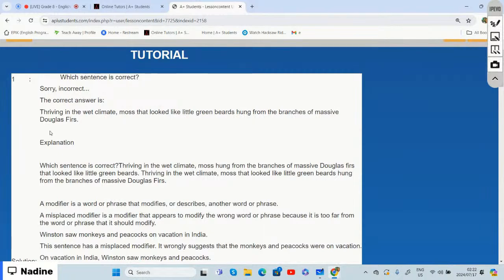Before we go into a test, it says, thriving in wet climate, moss that looked like little green beards hung from the branches of massive Douglas firs.